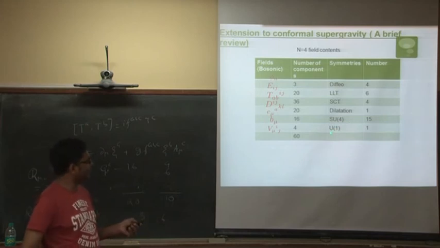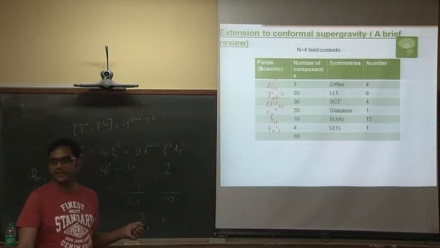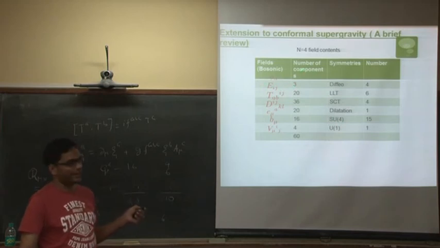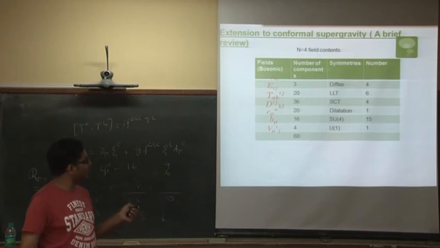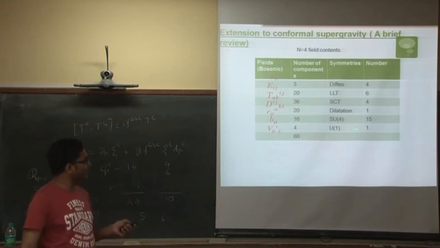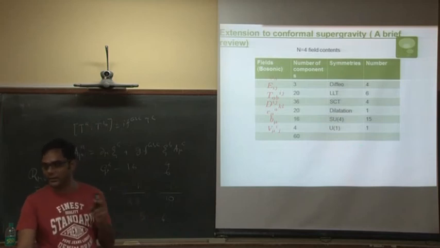This U1 comes as a spurious symmetry in N equal to 4, just because of the way you choose to write down this Weyl multiplier in terms of phi alpha. So phi alpha has 3 components, but it transforms non-trivially under a U1, and if you gauge fix that U1, you will get the physical scalar, which will carry only 2 components.